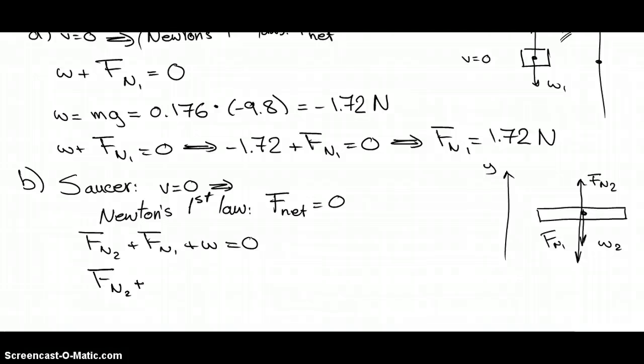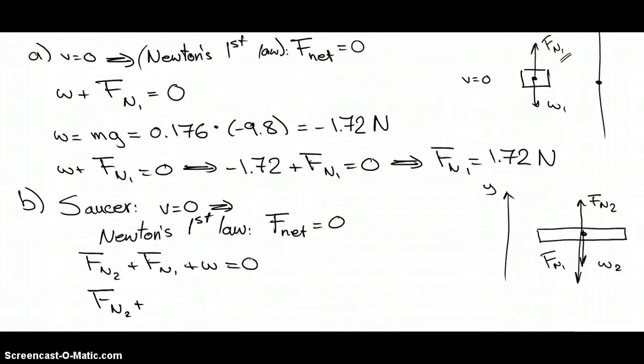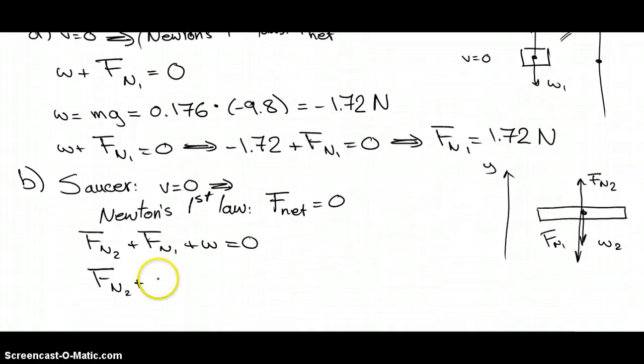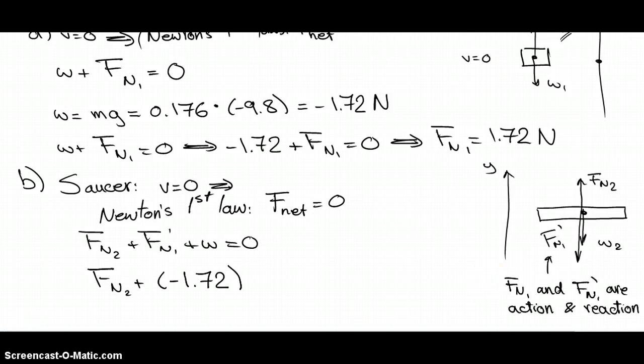Remember, these two forces, the force by the saucer on the cup and by the cup on the saucer, are action and reaction. So, the force here is actually negative 1.72. And I need to explain that these are action and reaction. So I will write that down. So I call them Fn1 and Fn1 apostrophe.